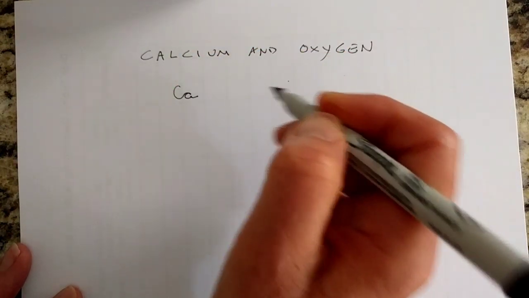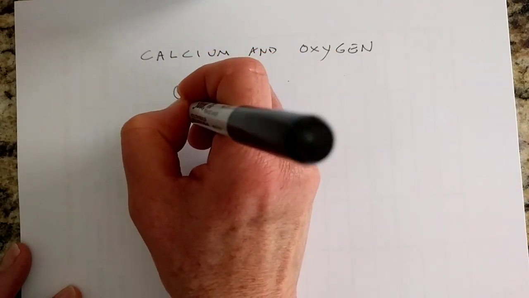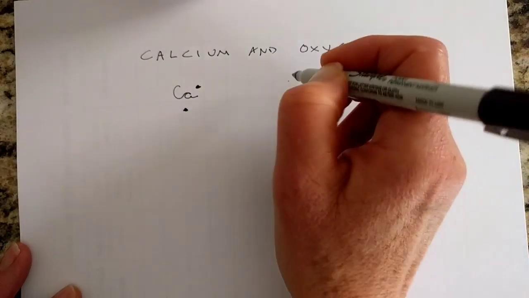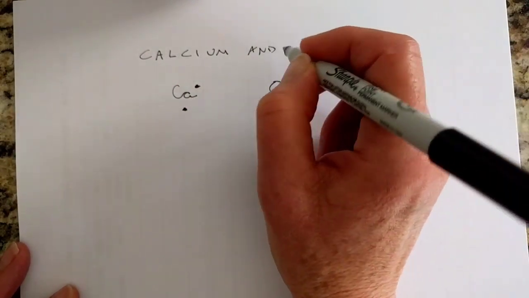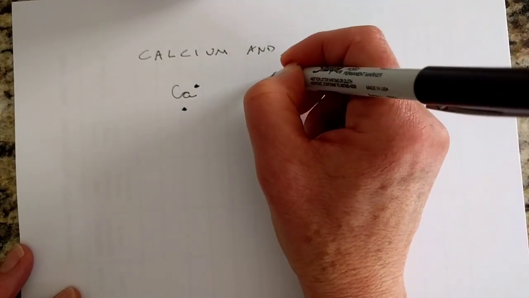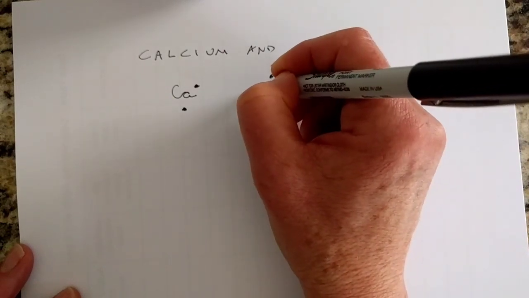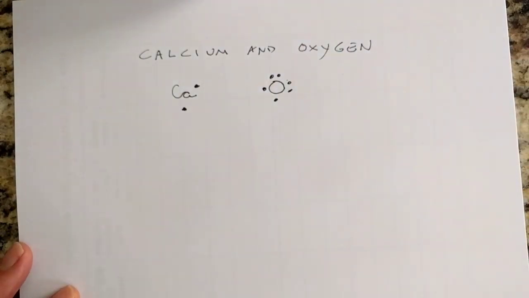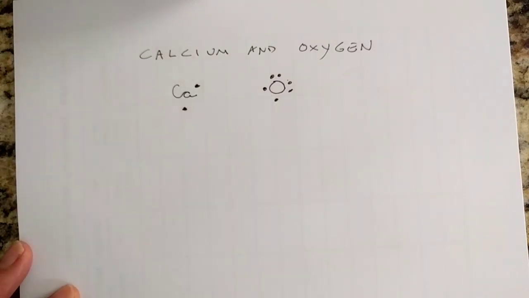Calcium, Ca, and we put in 2 electrons. I'm going to put them there. And then we have oxygen that has 6. It's in group 16. So 1, 2, 3, 4, 5, 6. There's oxygen. So now we start transferring electrons from the metal to the non-metal.